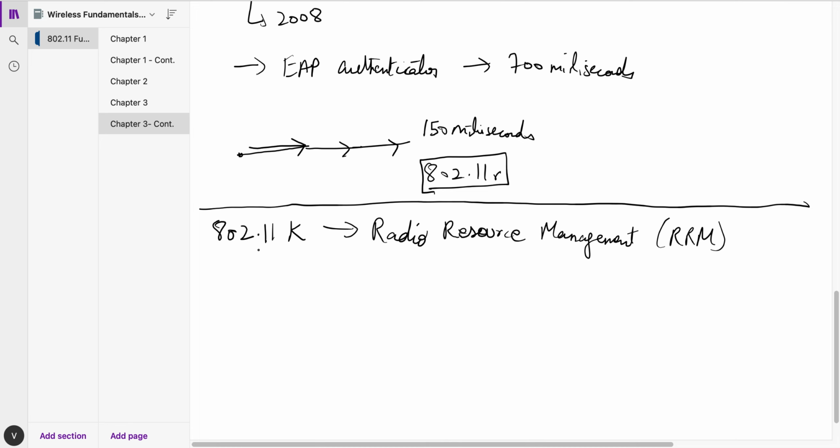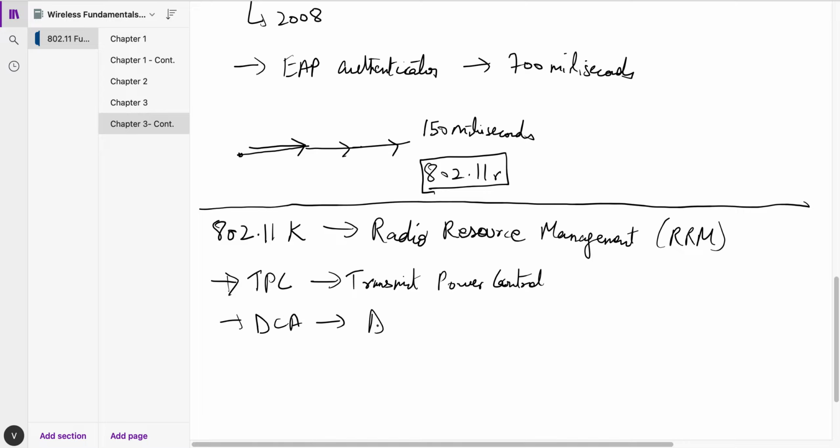Radio resource management is responsible for calculating the TPC, that is transmit power control of the access point. It does DCA, that is dynamic channel allocation to the APs.